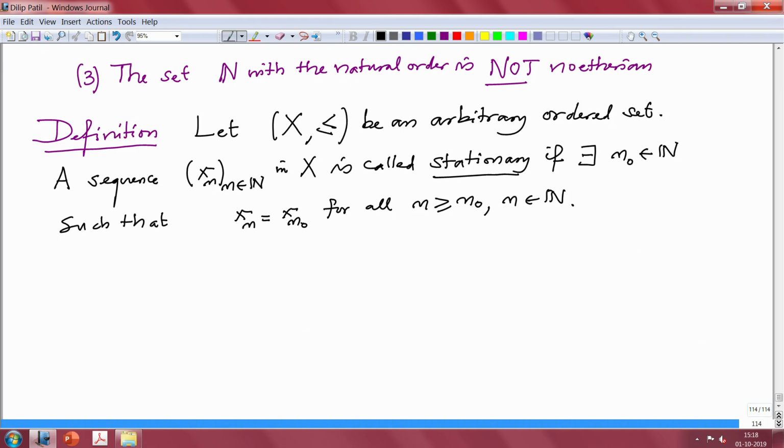Okay. When do you say a sequence is ascending? A sequence xn, n in n, in x is called ascending if, we can also write ascending or descending.